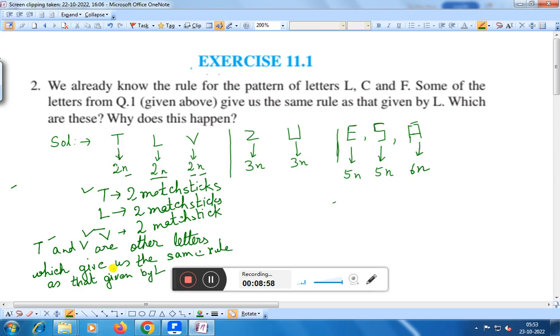I already told you T and V are the other letters which give us the same rule as that given by L.